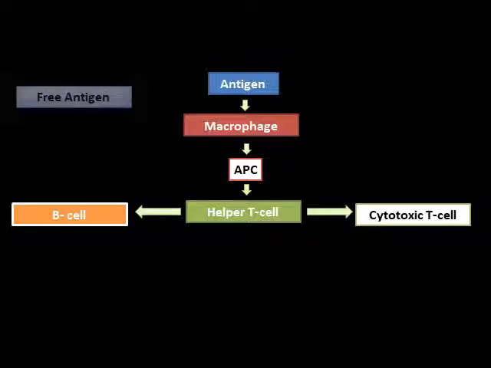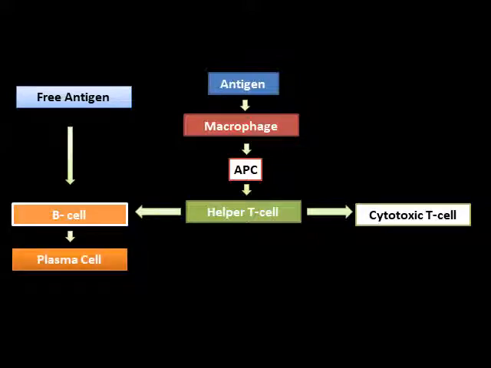Now, if it is a free antigen, meaning it's just a portion of the pathogen, the B cell will be directly activated and turned into a plasma cell which will then produce antibodies and also activate the complement system or be killed by any of the phagocytic cells.